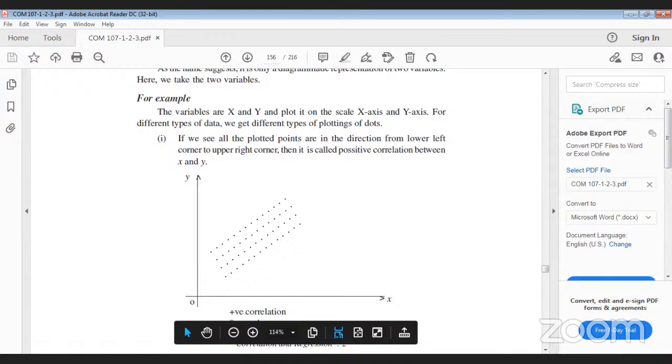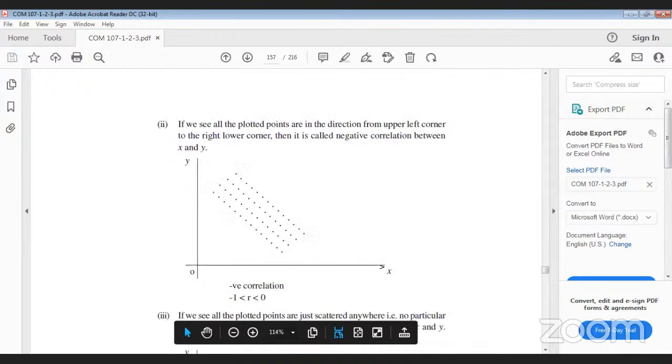There are dotted points going from the lower left corner to the upper right corner. This is an example of positive correlation in a scatter diagram. Then, if all the plotted points are in the direction from the upper left corner to the lower right corner, it is called negative correlation between x and y.